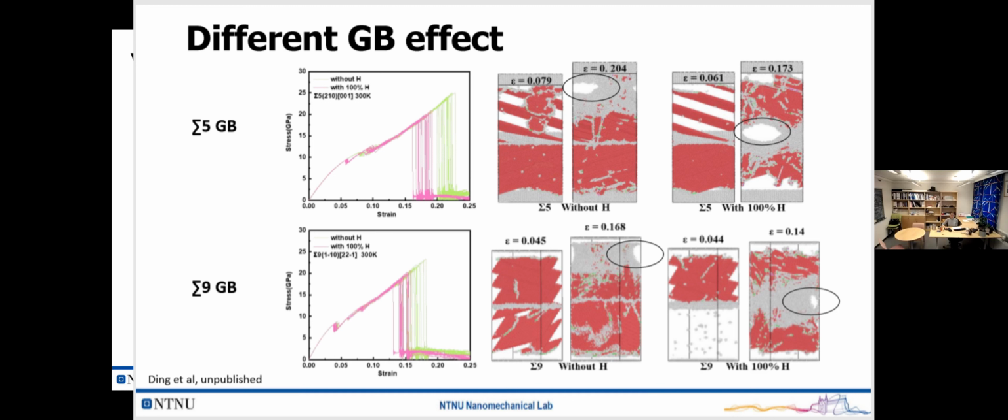We see that the intergranular fracture fraction changes with the vacancy concentration, and there is a critical vacancy concentration here for different types of grain boundary. So this gives us the possibility to quantitatively predict the intergranular fracture induced by the hydrogen presence.